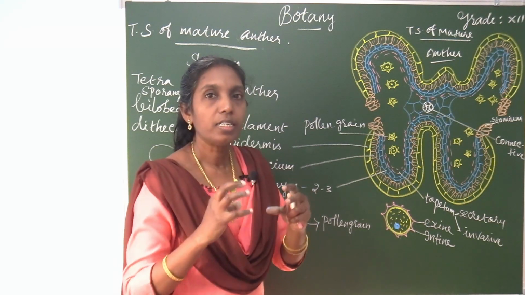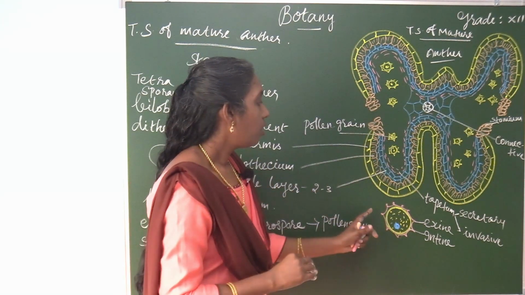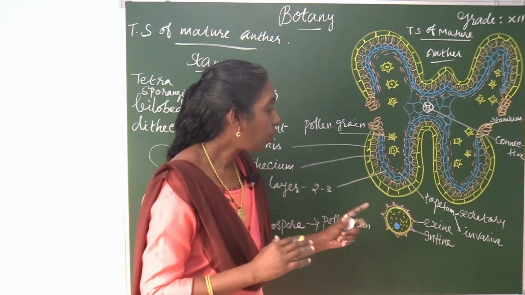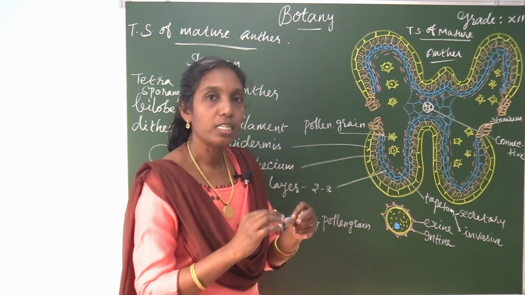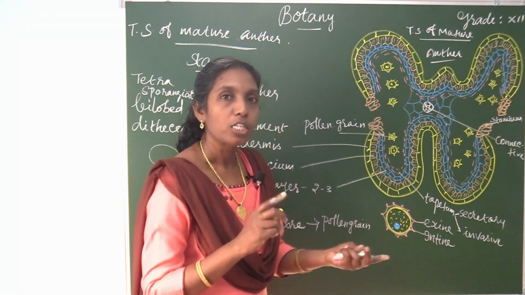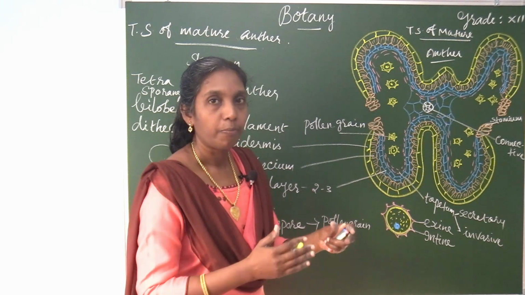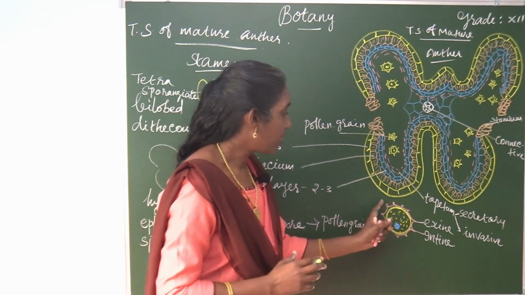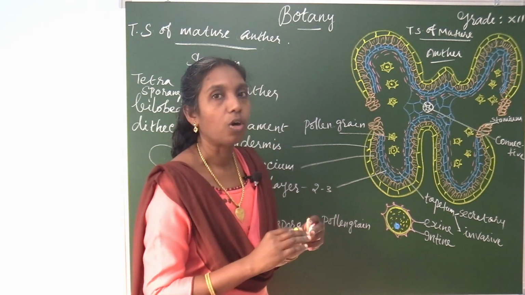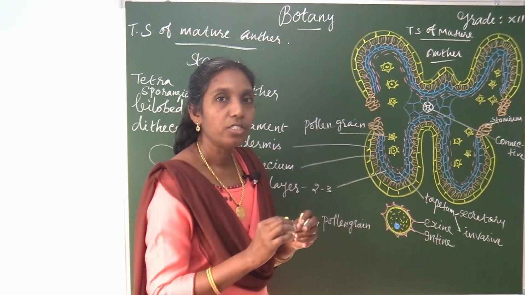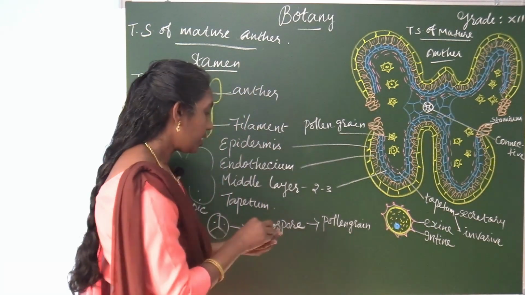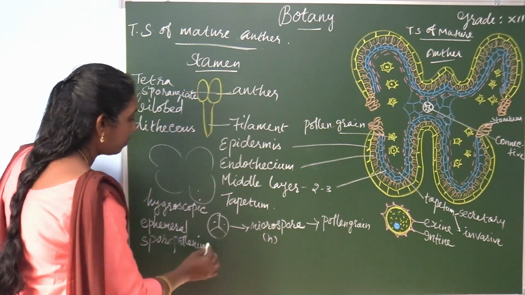There are certain regions which are not interrupted by sporopollenin, because the exine wall is made up of sporopollenin and cellulose. In certain regions of this exine, the sporopollenin is lacking or absent. These regions are circular in nature and they are called germ pores.